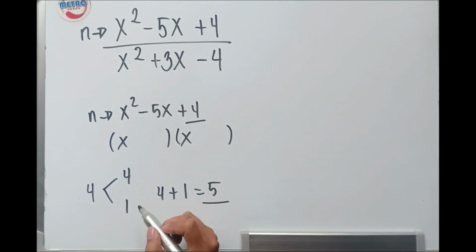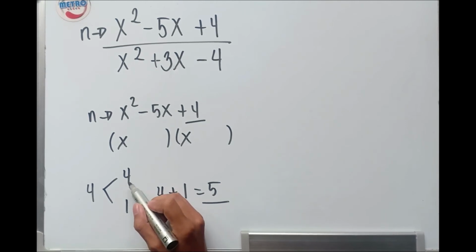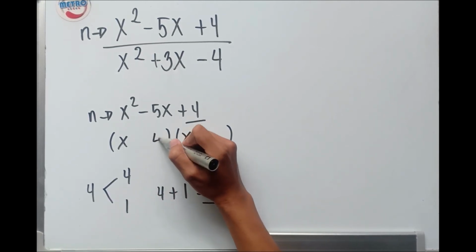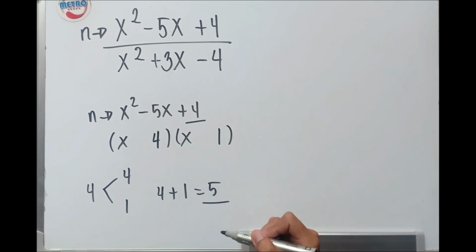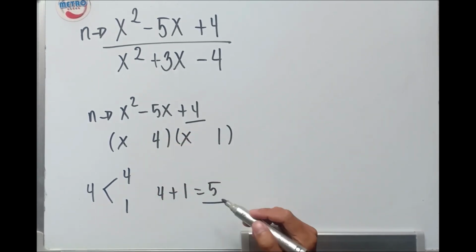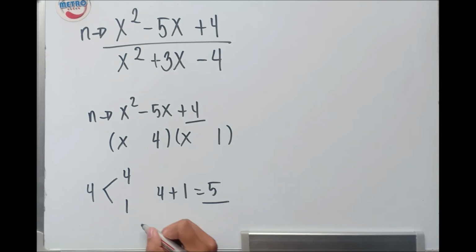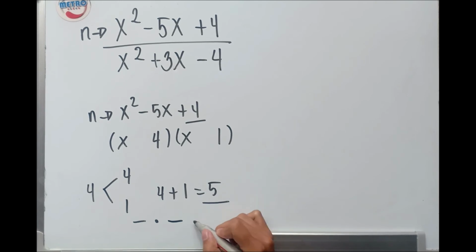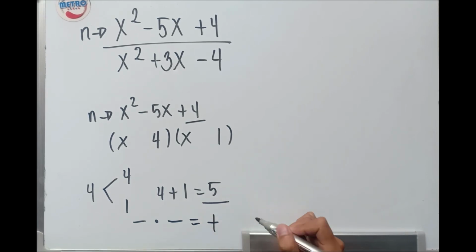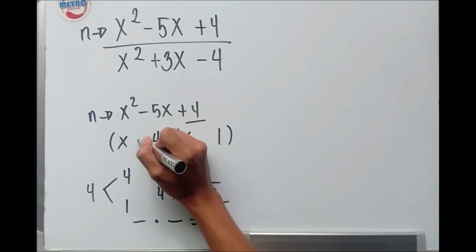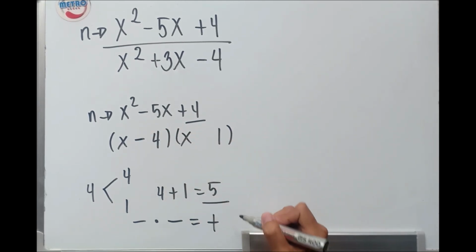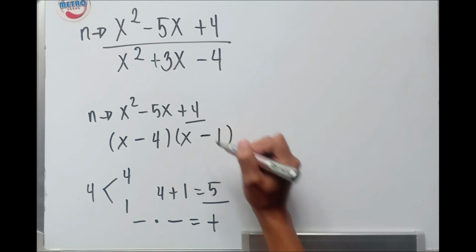Now, we can say the factors that we need to use are 4 and 1. So, we have to write 4 and 1. Now, the given sign in the middle is negative. We know that a negative sign multiplied by a negative sign will give you a positive answer. Meaning, 4 must have a negative sign and 1 must have a negative sign.